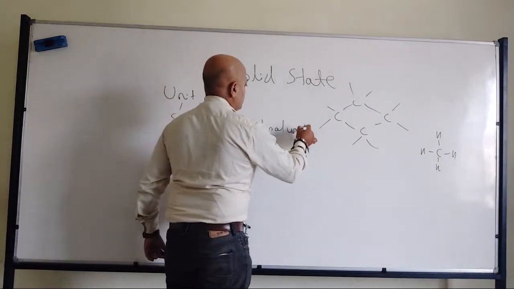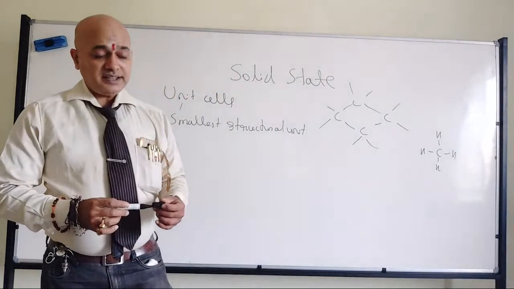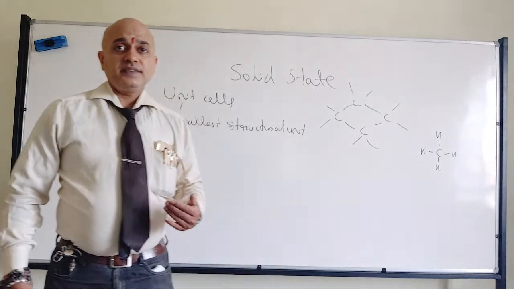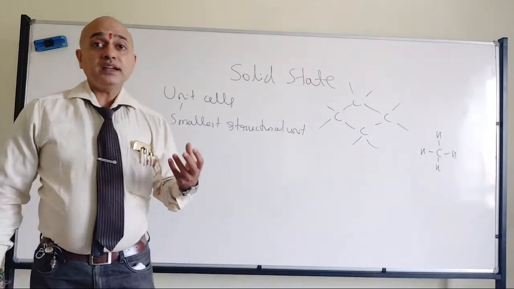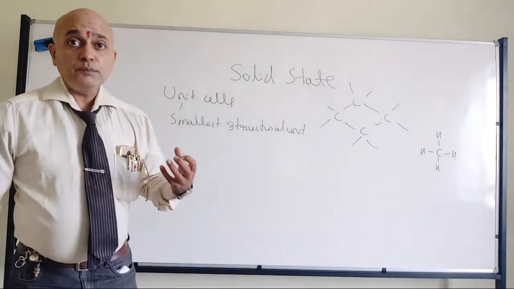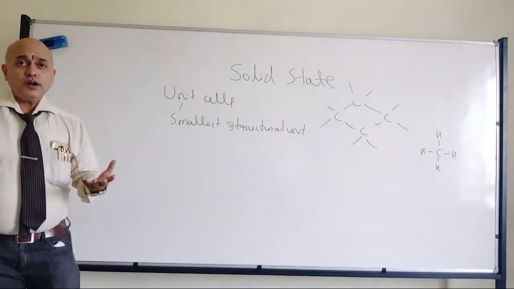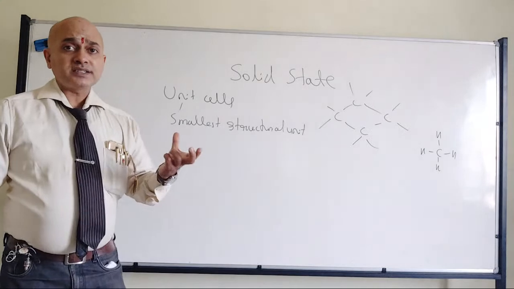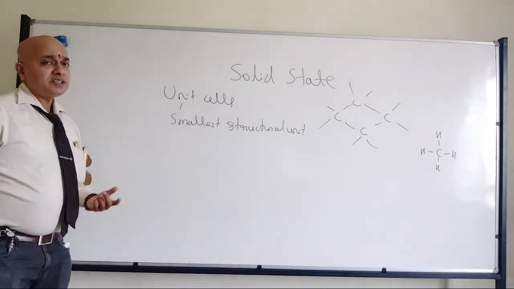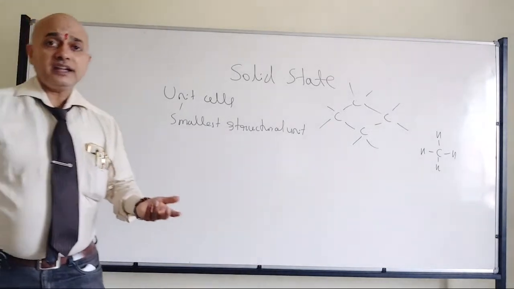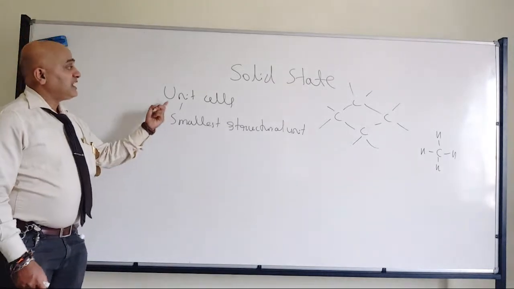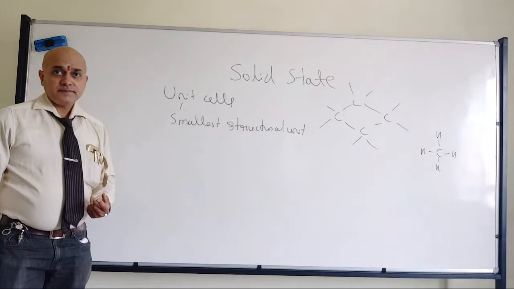That's why it is called a unit cell. It is like a brick. Each brick comes together to form a house or a building, right? So individual bricks are considered unit cells, and the whole building is considered a crystal lattice.